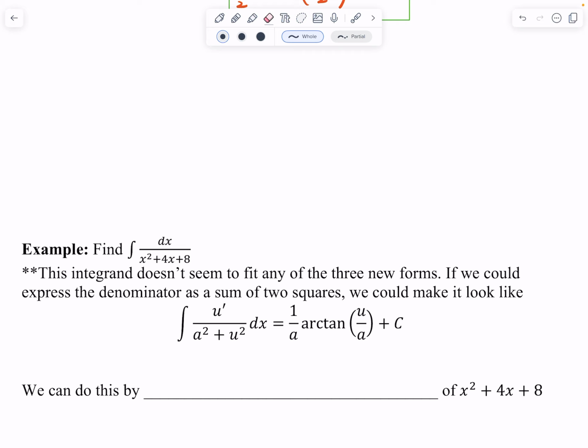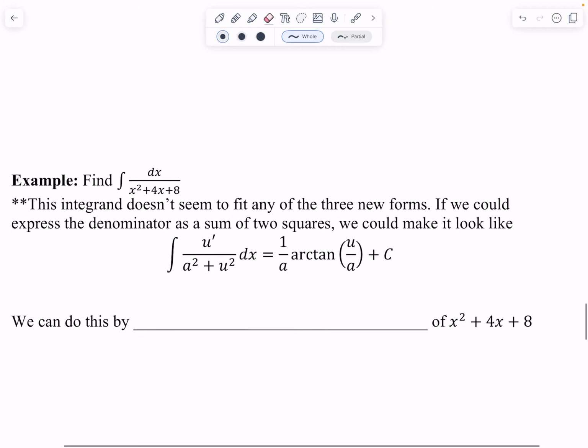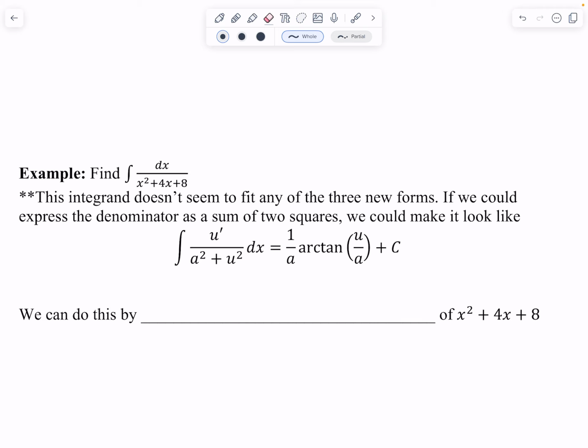So you could think about rewriting the quadratic in vertex form by completing the square, because we do want to get to the form of a squared plus u squared here, so that we use the arctan formula. So we are going to do this by completing the square.